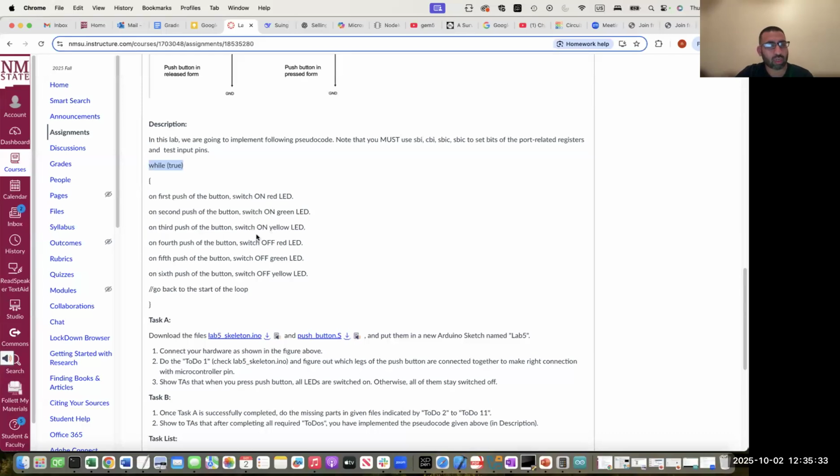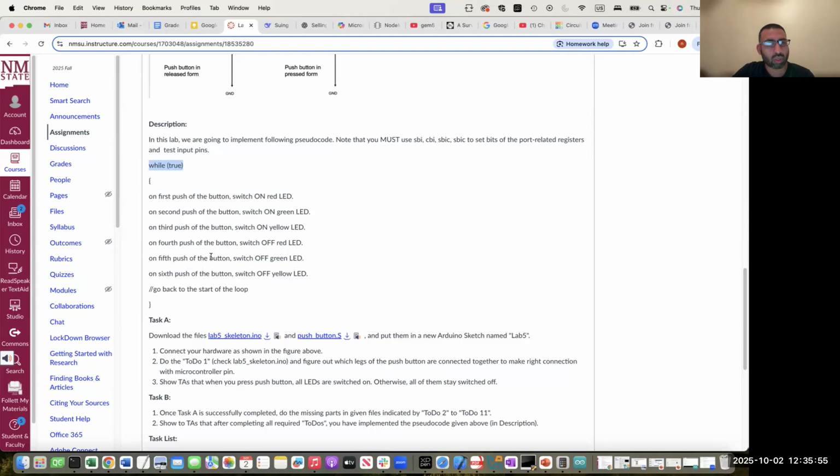On the third push we want the yellow LED to be switched on. On the fourth push of the button we want the red LED to be switched off. On the fifth we want the green LED to be switched off, and on the sixth we want the yellow LED to be switched off, and then go back to the start of the loop and keep doing it in an infinite loop, right?